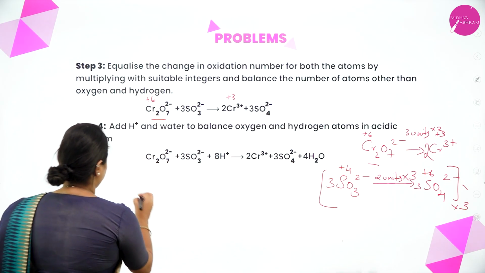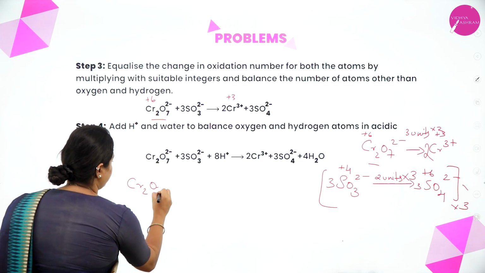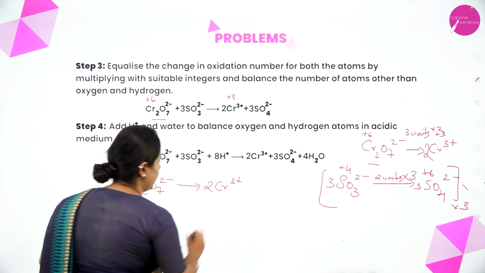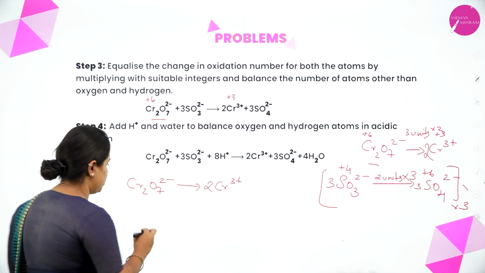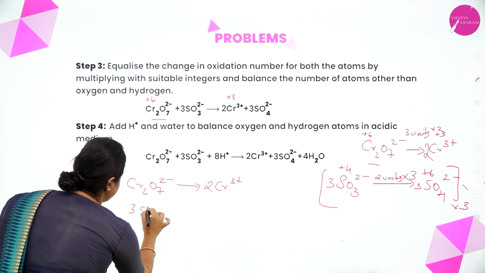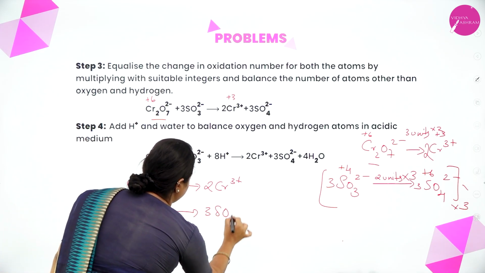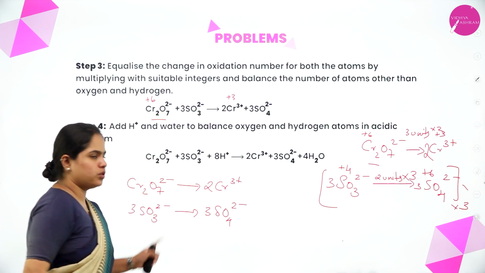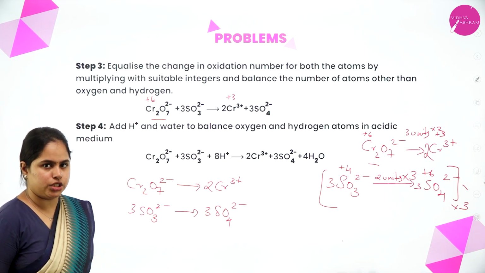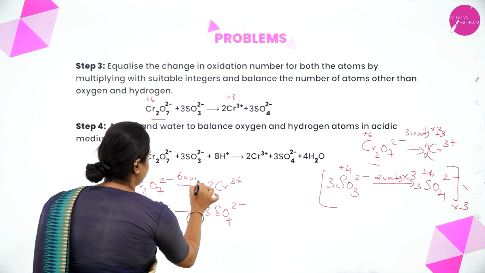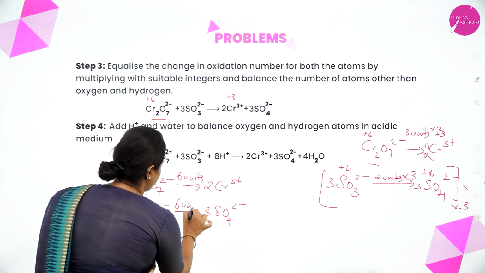So finally, what is your equation? Cr2O7 2 minus gives 2 Cr3 plus, right? So there is a 6 unit change. And here it is 3SO3 2 minus giving 3SO4 2 minus. So this is the oxidation and reduction reaction. In both these cases, how many units of increase or decrease are there?